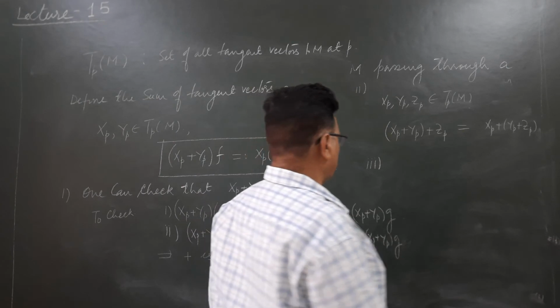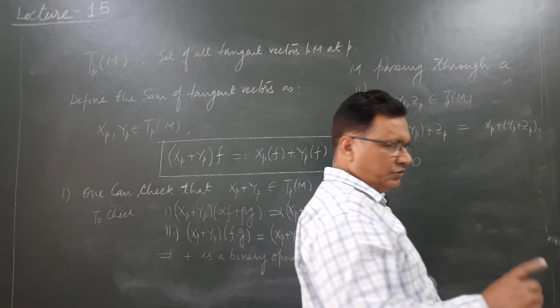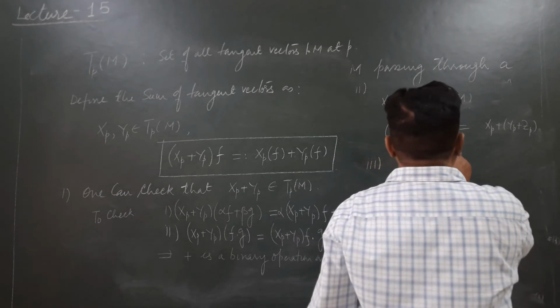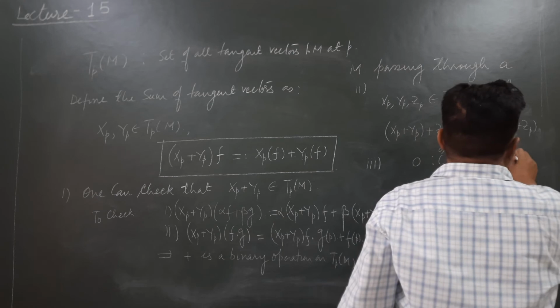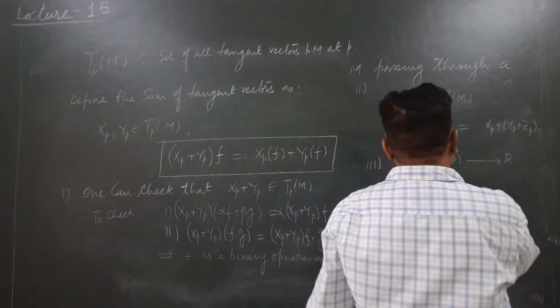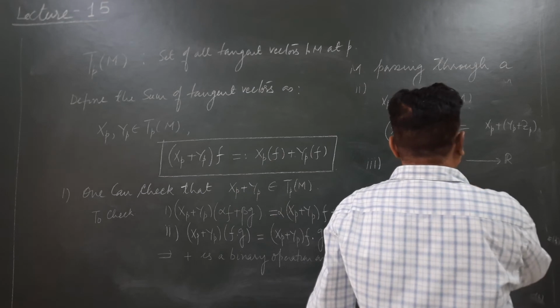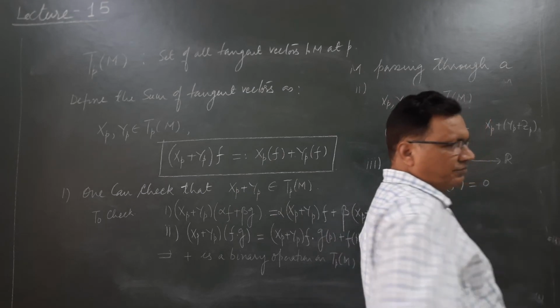सो वी प्रपोज अ मैप 0. Consider a map which you denote by 0 from C infinity P to R. ठीक है, और हम इंट्यूशन से इसको डिफाइन करेंगे कि this is a map which operates on any function and gives you the scalar 0.